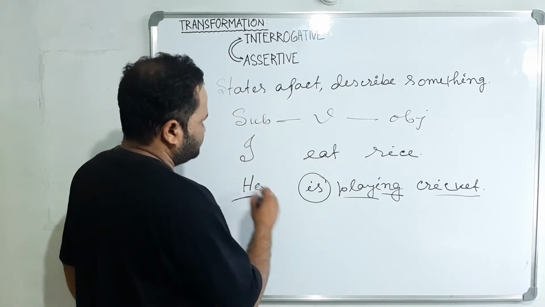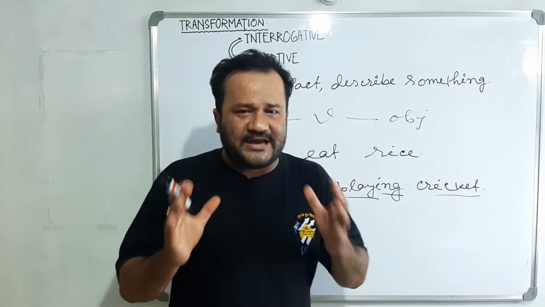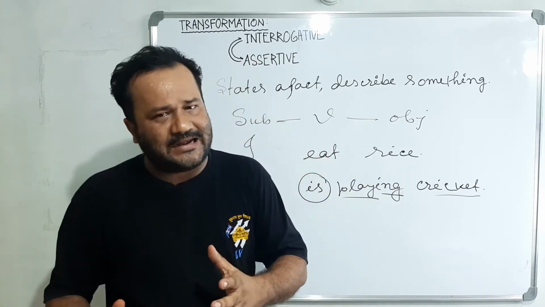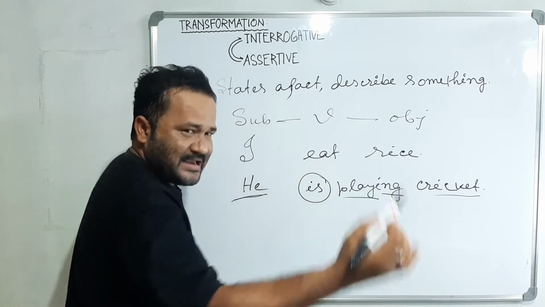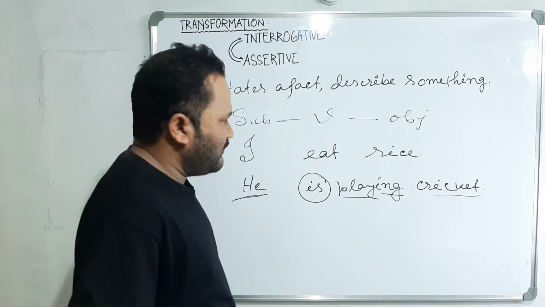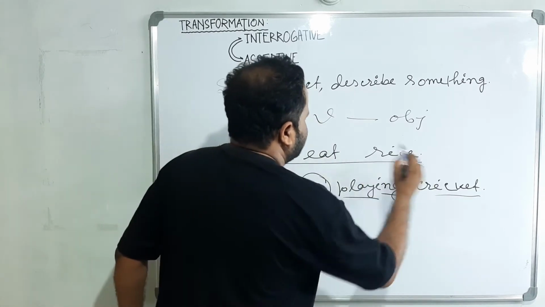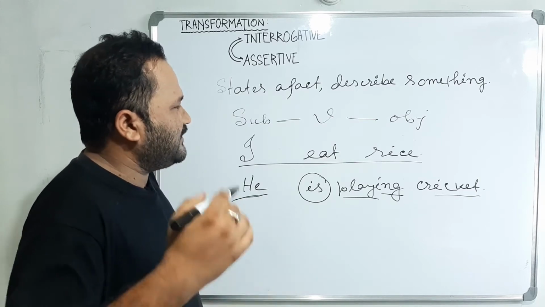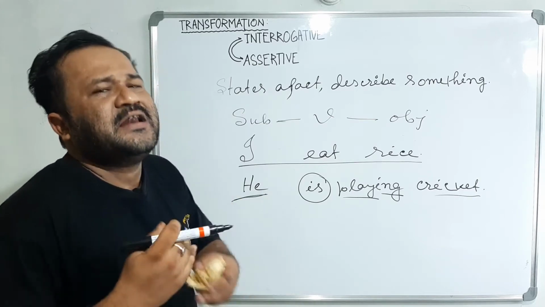Okay. Now, an assertive sentence can be an affirmative sentence or a negative sentence. I eat rice is an affirmative sentence. There is not a single negative word in the sentence. What are the negative words?